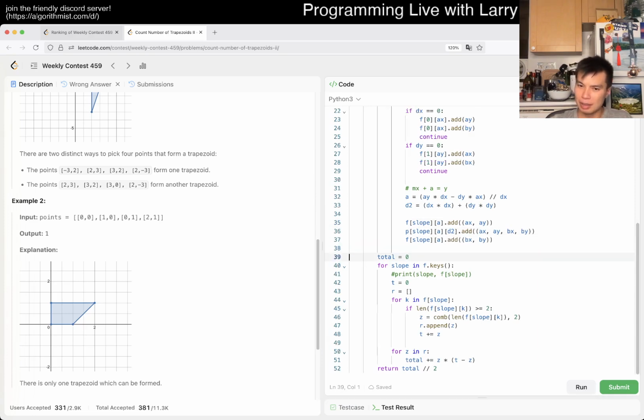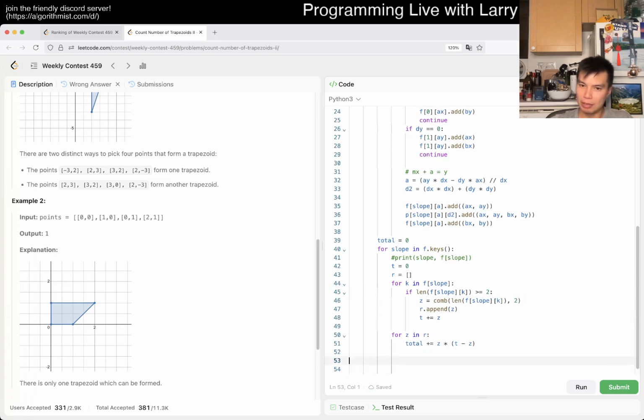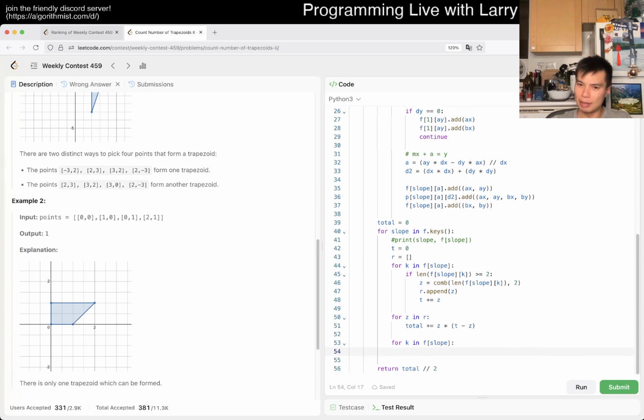Okay, and then now we've tried to find the parallelograms here. These are whatever, let's just ignore those for now. And now for parallelograms for K and F slope. What is K again? K is A, so it's just for every intercept, and then we get the combination. Okay, we still want this.